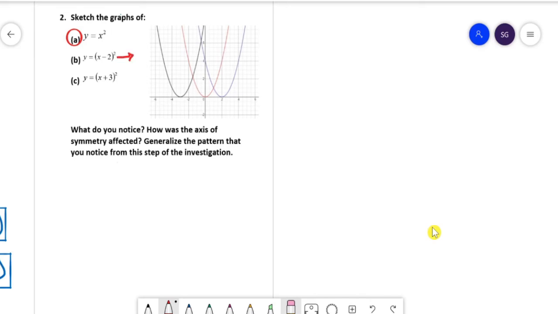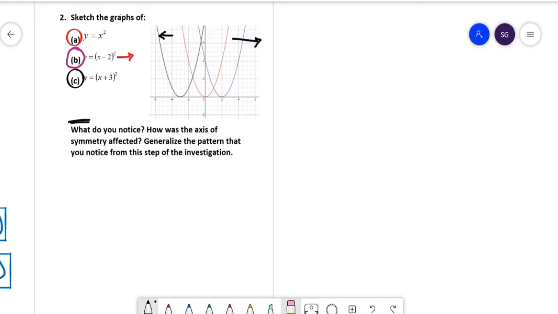So if the red graph is moved forward, we move on to the purple graph here. So this is the purple graph. And similarly, if you're moving it backwards, the black graph here is y is equal to (x plus 3) whole squared. And for that, what we do is the original graph is either moved forward or backward.